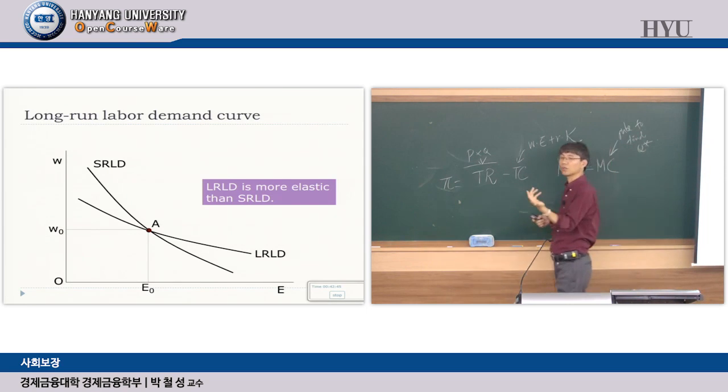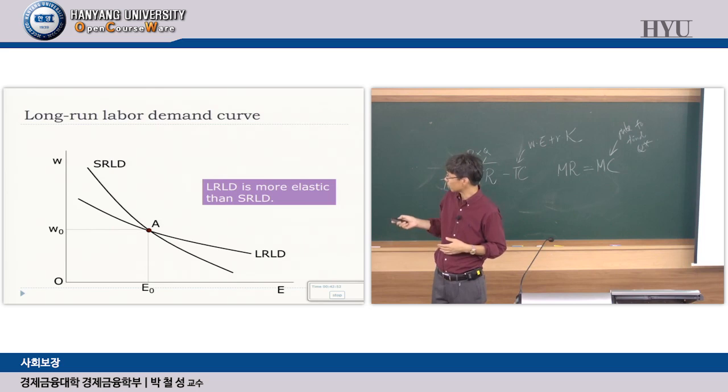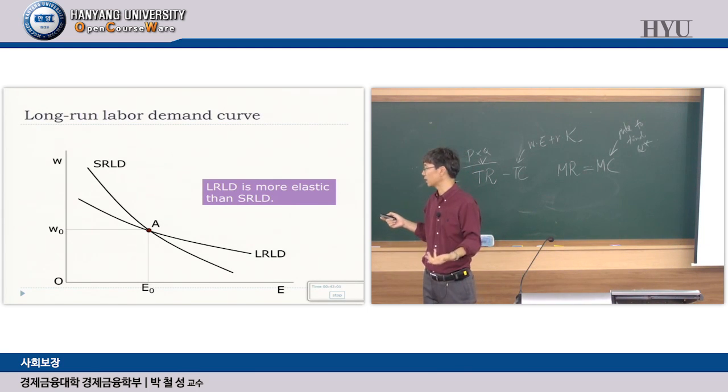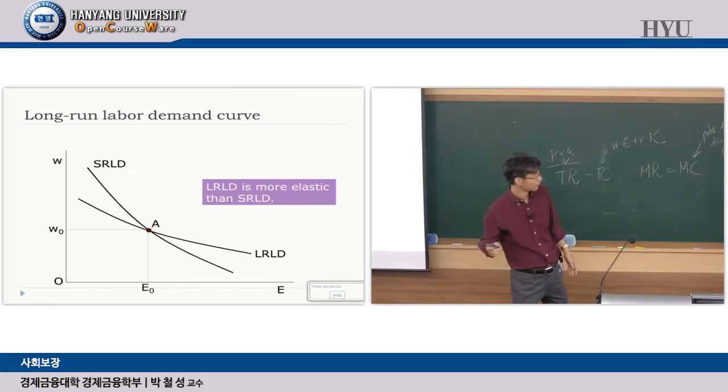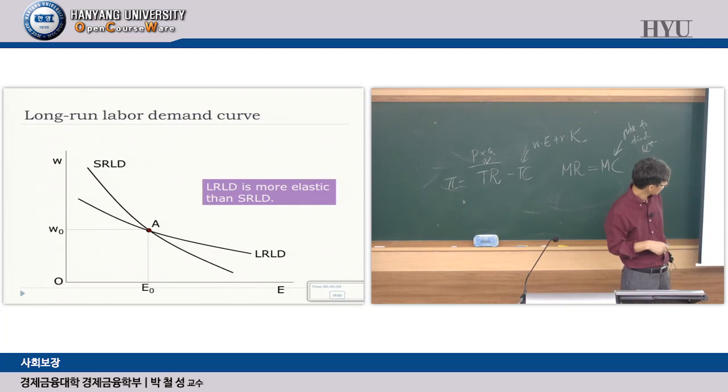When the wage level changes in the short run you may not see much difference, but in the long run you may see a bigger difference, simply because in the long run the firm has more means to deal with a wage rate increase or decrease. So that's what it says: long run labor demand is more elastic than short run labor demand.